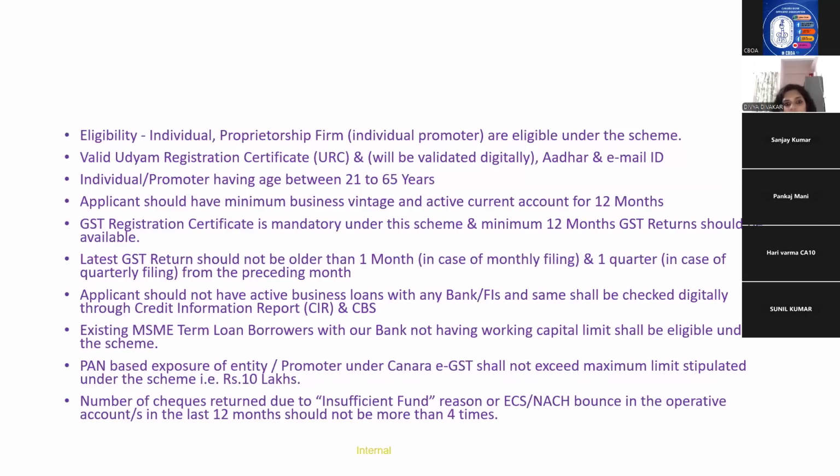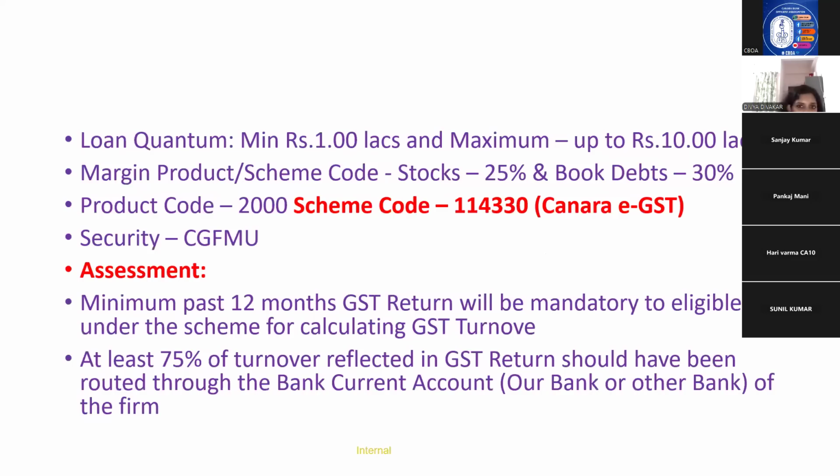PAN-based exposure of the entity or promoter under Canara eGST shall not exceed the maximum limit stipulated under the scheme, that is rupees 10 lakh. The number of cheques returned due to insufficient funds, or ECS or NACH bounces in the operating account in the last 12 months, should not exceed 4 times.